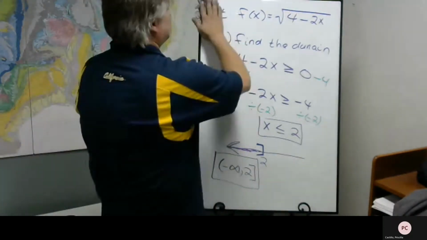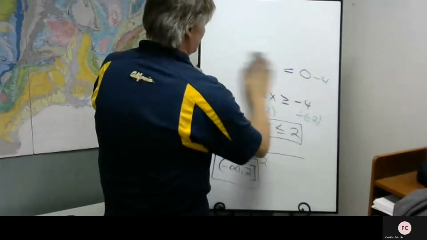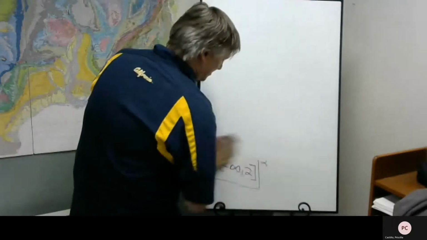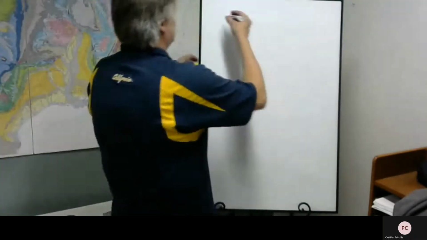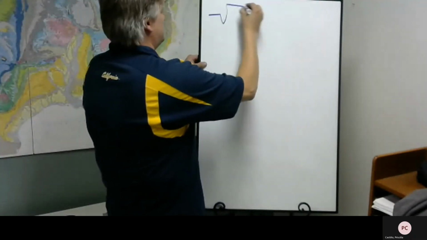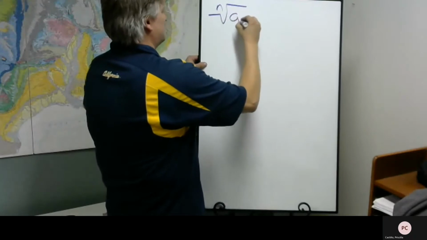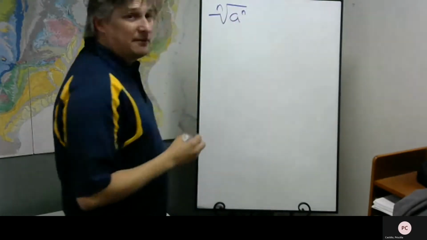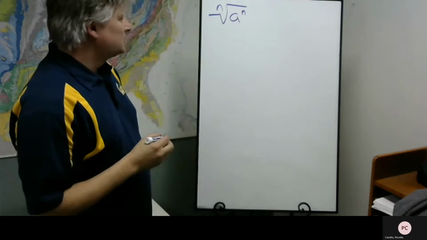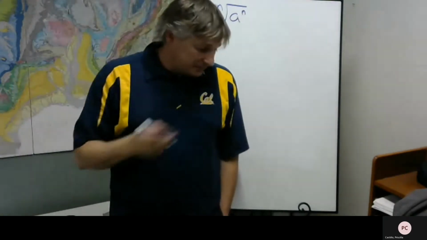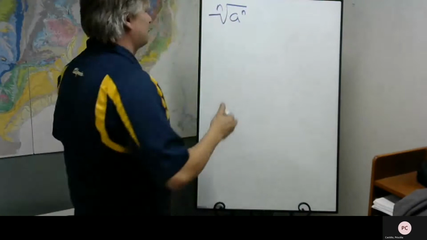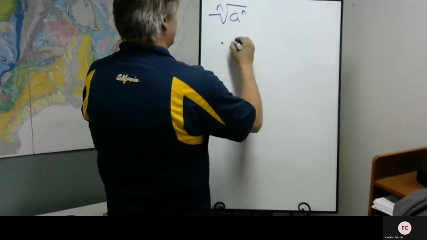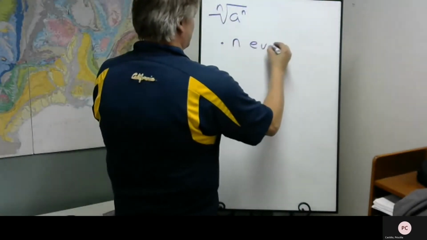Now, one of the things that's going to come up is a special kind of function that's going to work like this. It's the nth root of a to the n. So this is a topic in and of itself. Let's consider n even.